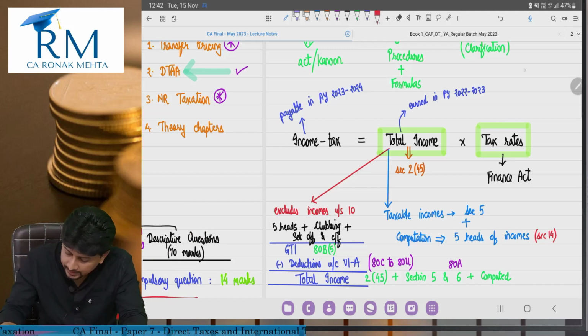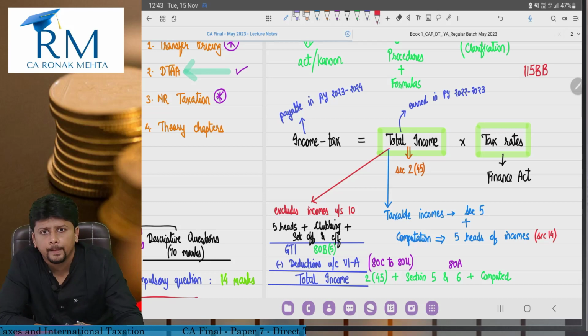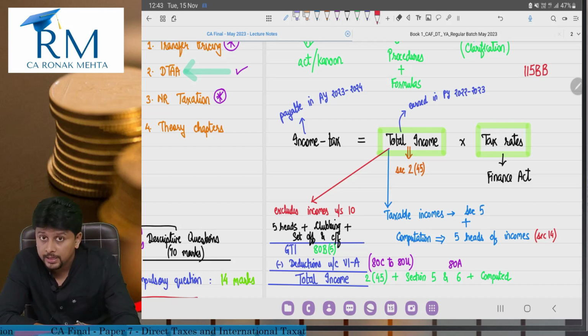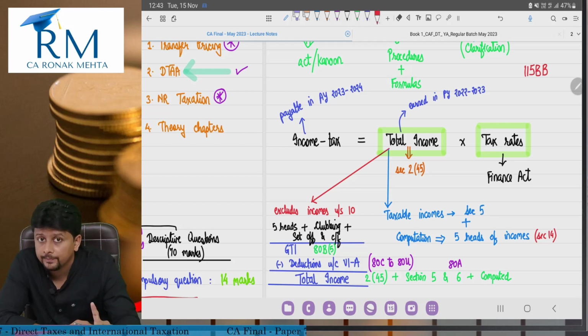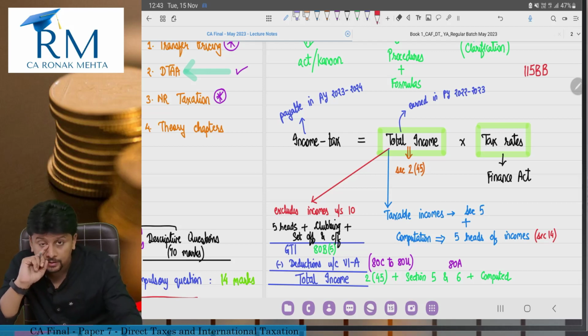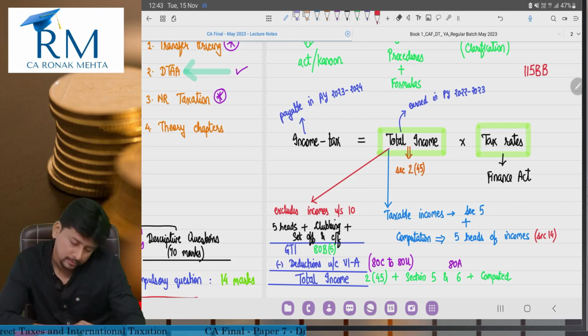That is given by section number 115BB. 115BB is the section of Income Tax Act, not of Finance Act. Income Tax Act ka section number. Now I am getting a rate of tax not as per the budget. I am getting a rate of tax as per Income Tax Act.